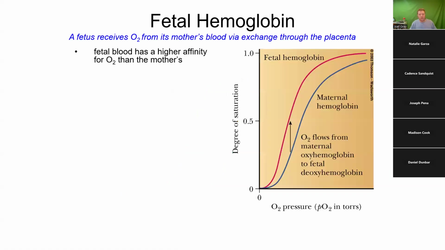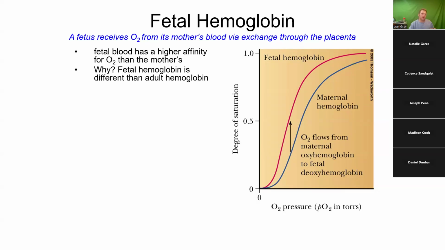Now, one other hemoglobin that I wanted to mention was fetal hemoglobin. Fetal hemoglobin, also known as HbF, has a higher affinity for O2 than the mother's hemoglobin does. Why? Fetal hemoglobin is different in structure.